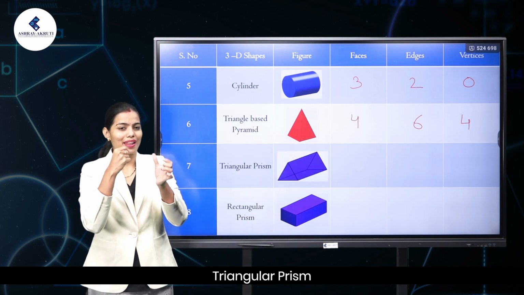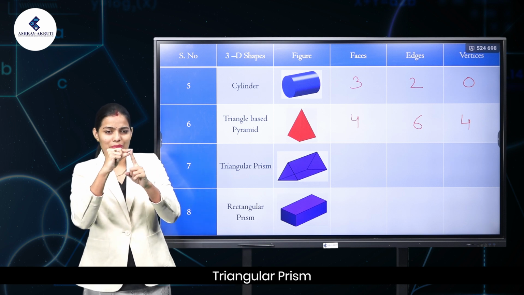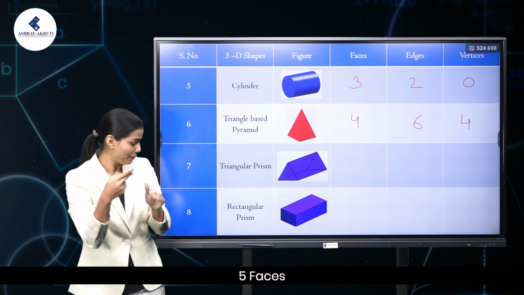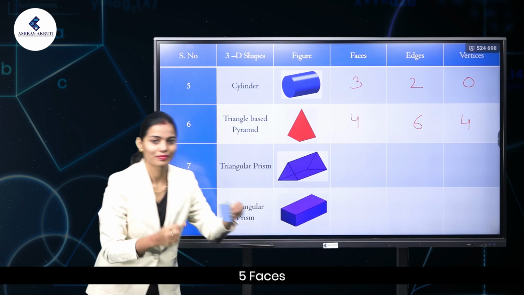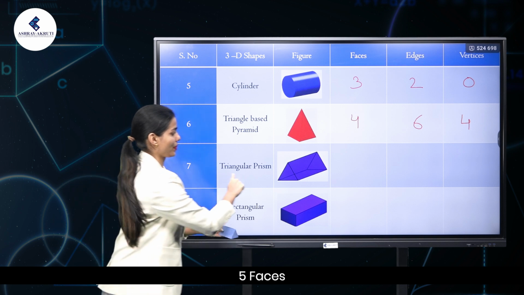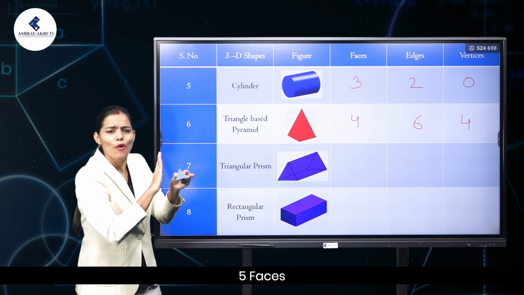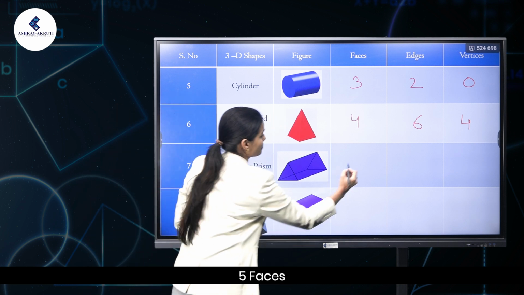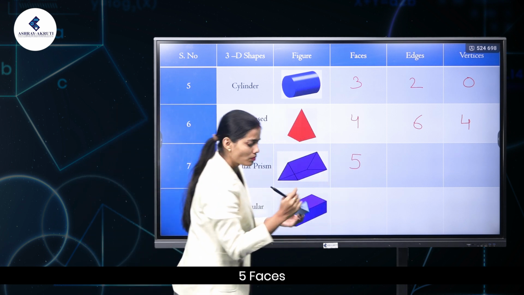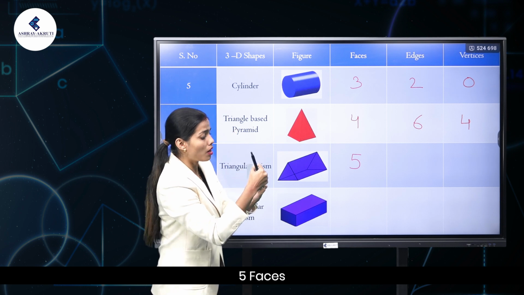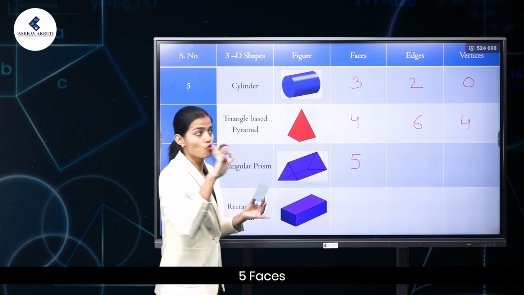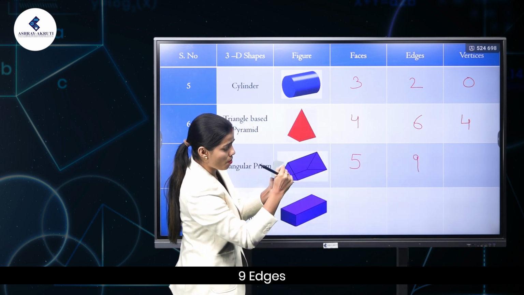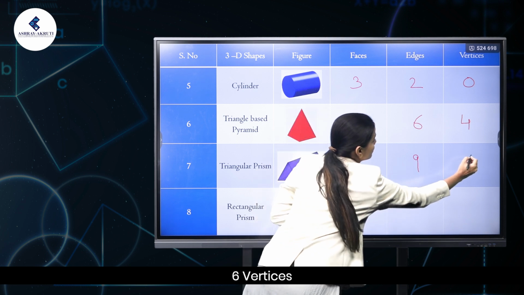Triangular prism, 5 faces, 9 edges, 6 vertices.